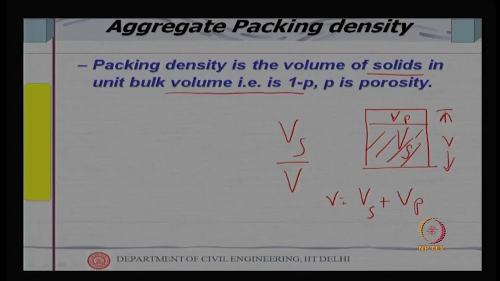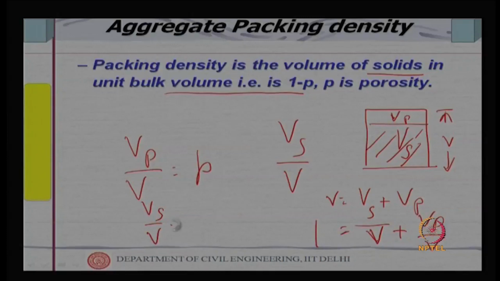So, if P is the porosity, then V p over V is P. V s by V plus V p by V is equal to 1, and V p by V is the volume of pores, P, the porosity.